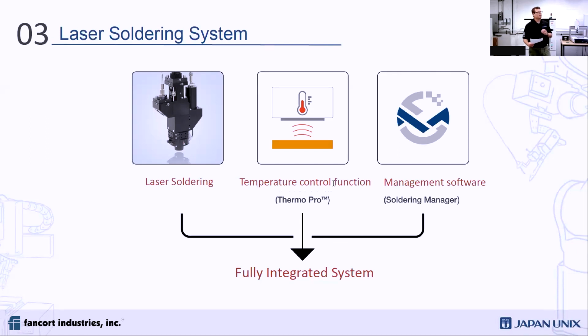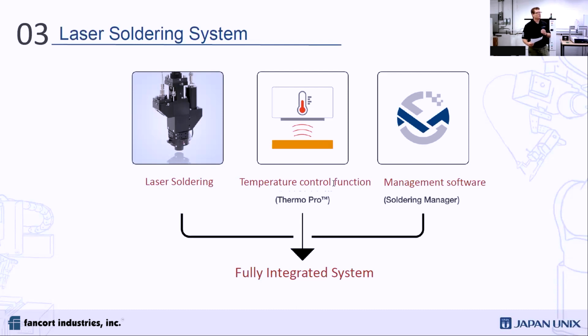On the left, you see the laser soldering head, which looks very similar to our spot or point-to-point type laser soldering head. But the addition with area laser soldering is a pyrometer controlled temperature function that will give feedback to the system in order to control the temperature to the needed range that you have specified.